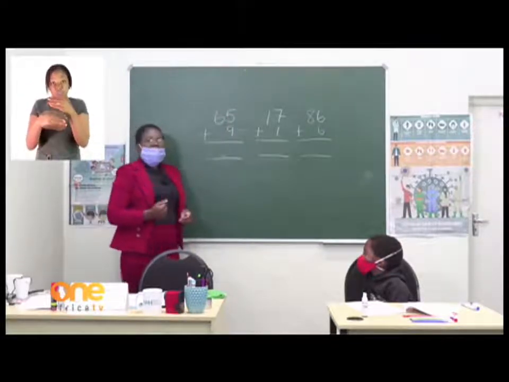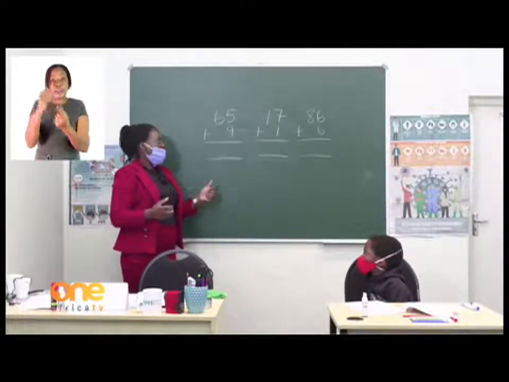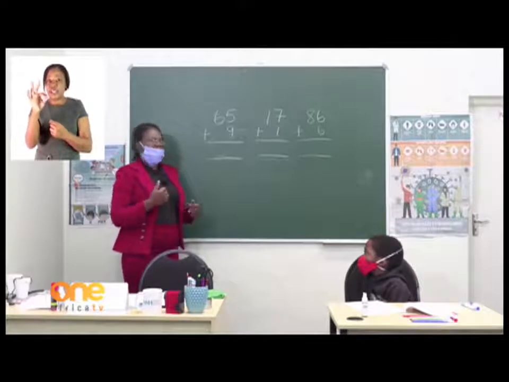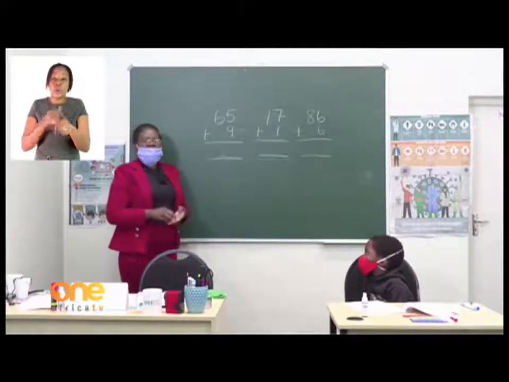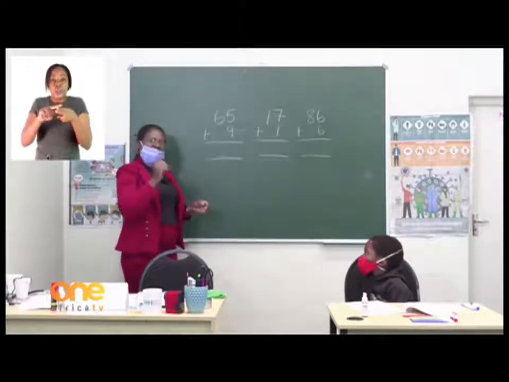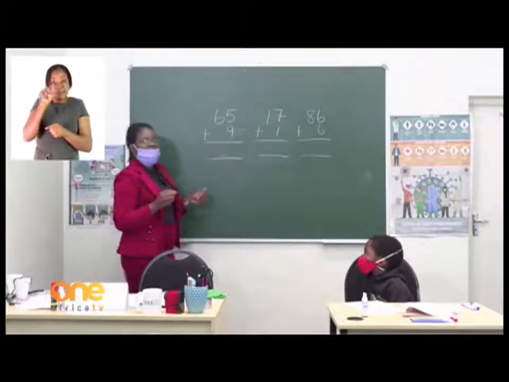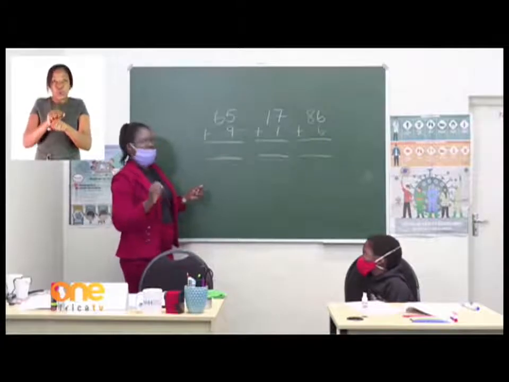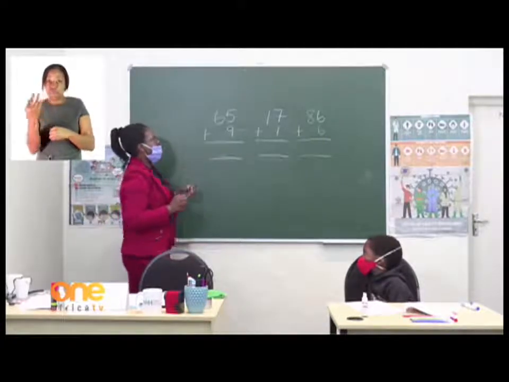Remember, wherever you are, you can get your stones, you can get the sticks, or you can get the bottle tops, whatever you can use that can help you to count. All right, on the chalkboard, I'm going to use the sticks on the chalkboard to count and add. So please follow with me while you are doing it with your own objects that you are having at home.